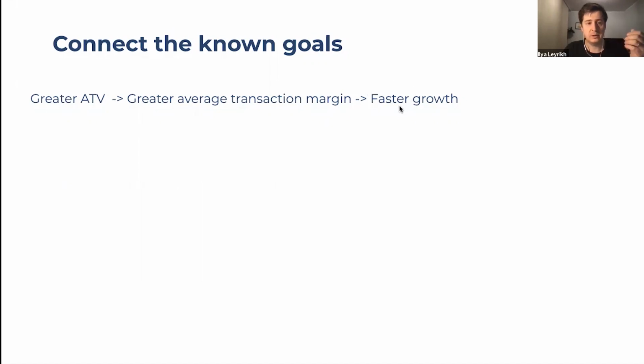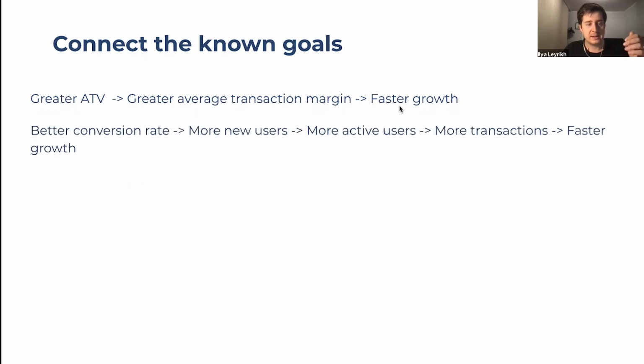the faster growth of the margin of the company overall. Or another example, let's say you've been improving the conversion rate on the landing page. This better conversion rate leads to more new users. More new users over time increase the size of the active user base, which in turn leads to more transactions per month, which in turn leads to faster growth of the revenue of the company.